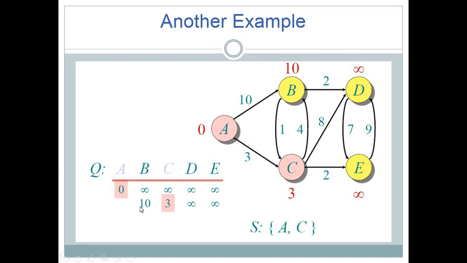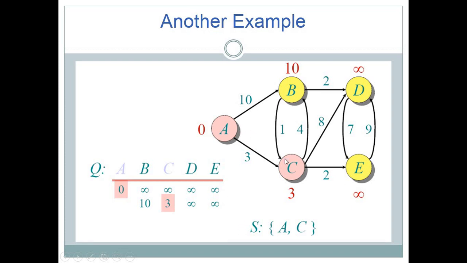Again, from this 10 and 3, if we consider our minimum distance, which is 3, that is C, then it has contact with B, D, and E also.